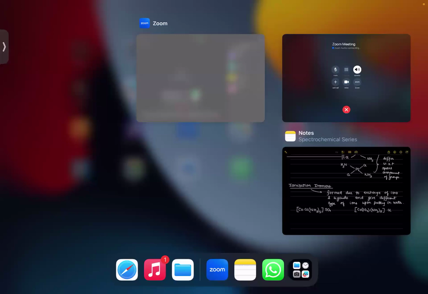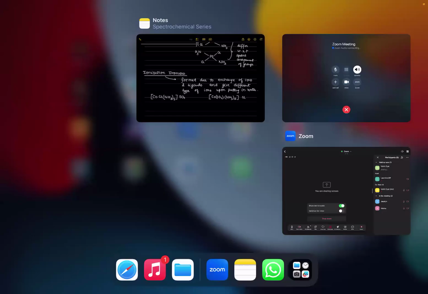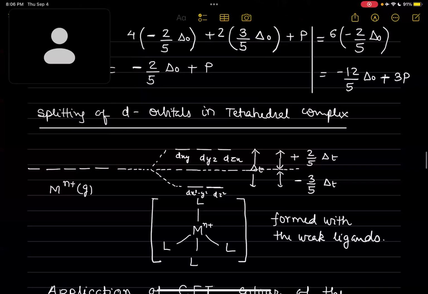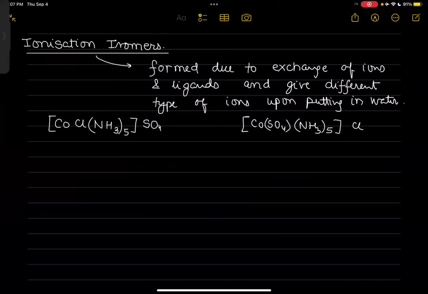So, ionization isomers, for example, I have given two examples in the previous class. These are the most common examples, and you will find this example in all the books. It is about two complexes of cobalt. We can also try to name them.